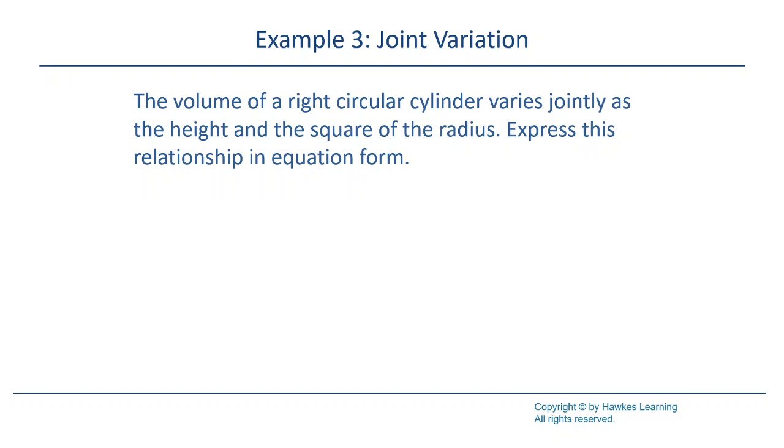So the volume of a right circular cylinder varies jointly as the height and the square of the radius. This is why I majored in math and not English. Express this relationship in equation form. So it varies jointly with the height and the square of the radius. So we have our height, and it's the square of the radius, so we'll just do r squared.